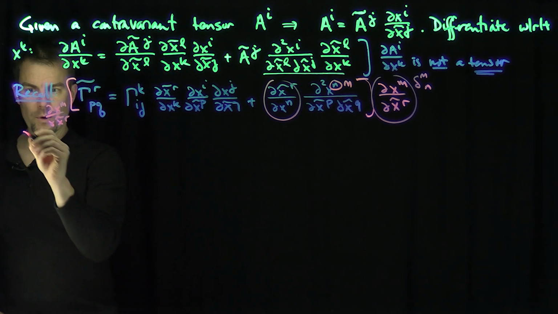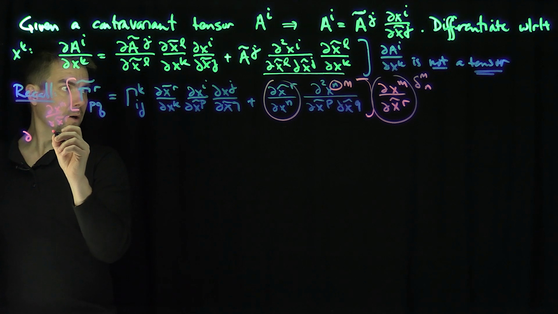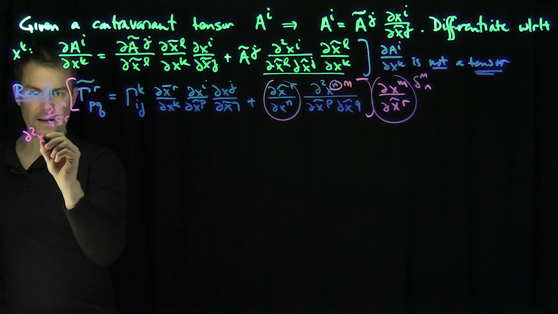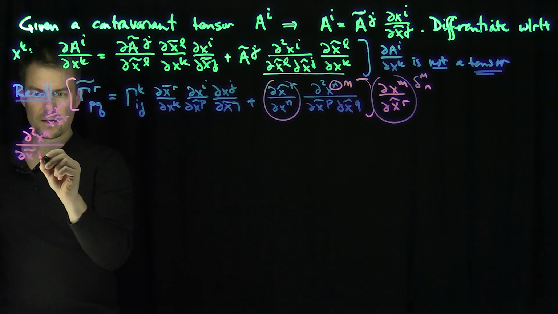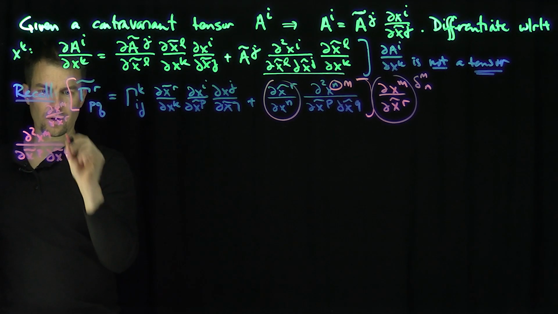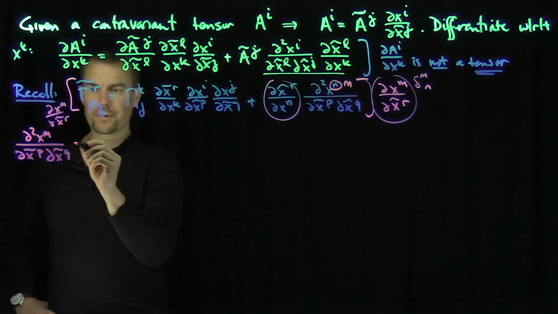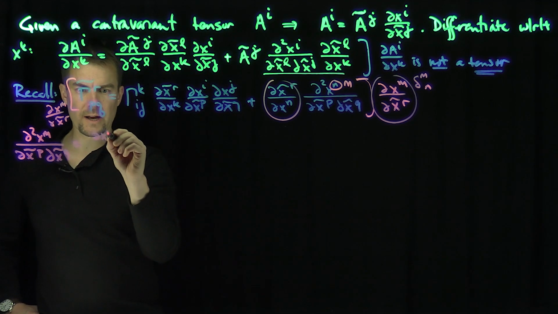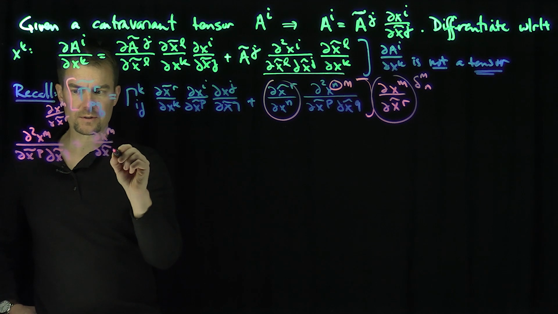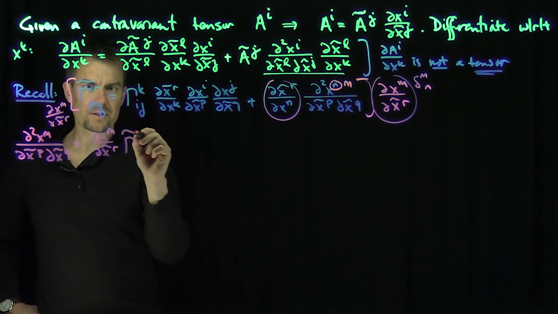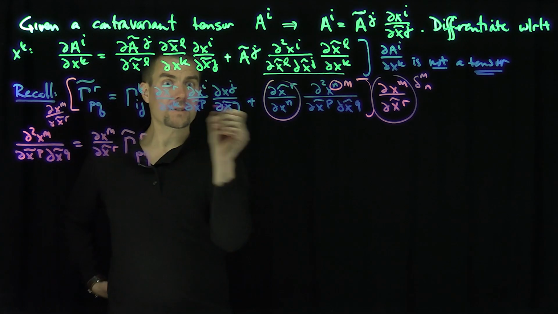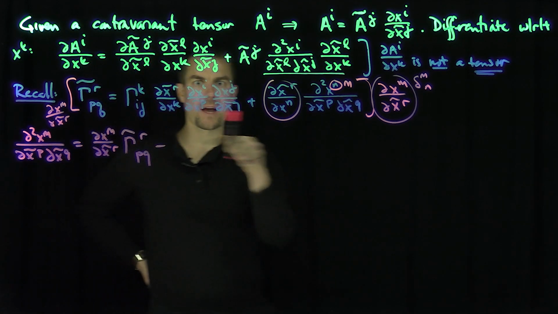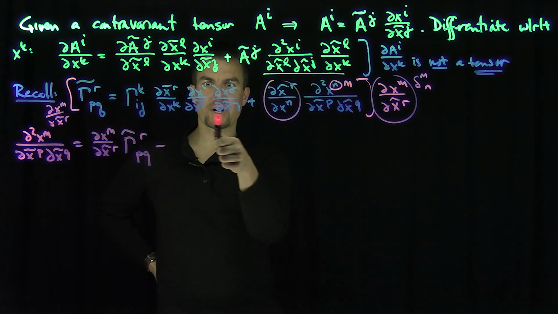So therefore we'll get partial squared x^m over partial x tilde p partial x tilde q is equal to partial x^m over partial x tilde r times gamma tilde r pq, beautiful, and then minus these terms over here. Remember I have to hit these terms with the partial x^m over partial x tilde r as well.